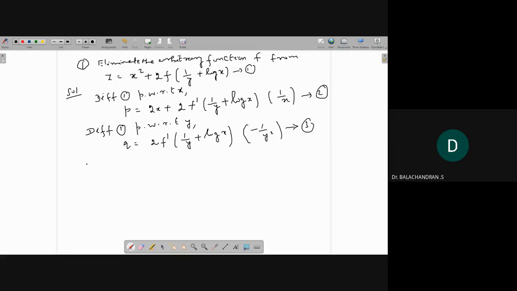From 2 and 3, we need to eliminate f dash.